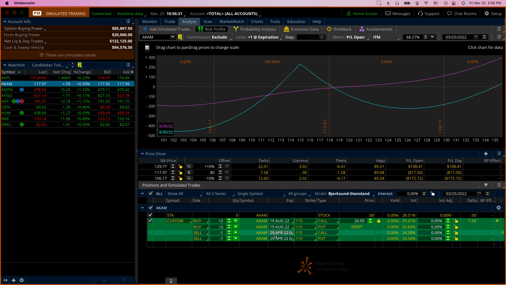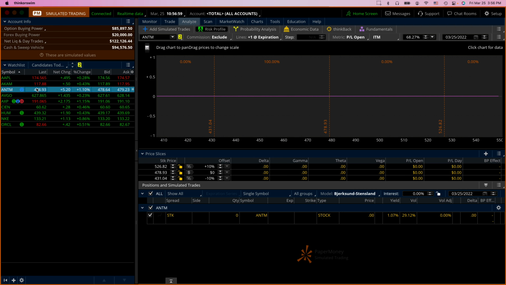August versus April, and you can see the price here. The front month is way cheaper than the long back month, so I don't want to do that at all. It's not a good idea because the skew is way too big. You can see that the volatility of the options that I'm paying is higher and therefore more expensive than the options that I'm selling, and therefore less expensive, and that is going to cost me in the end.